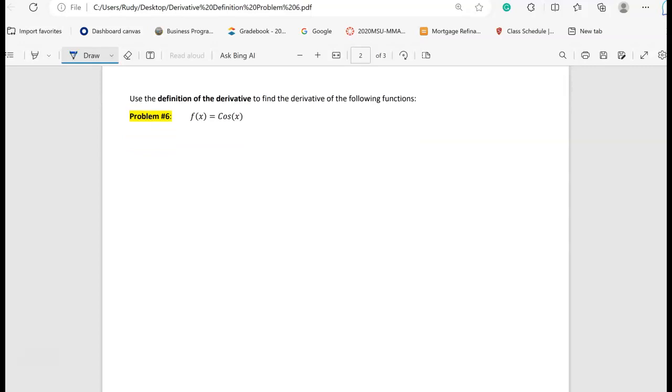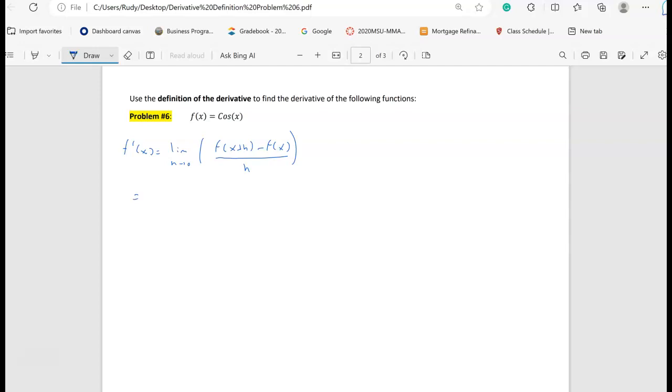As we evaluate the derivative using the definition, our f prime of x is equal to the limit as h approaches 0 of f of x plus h minus the value of f of x, divided by the value of h.